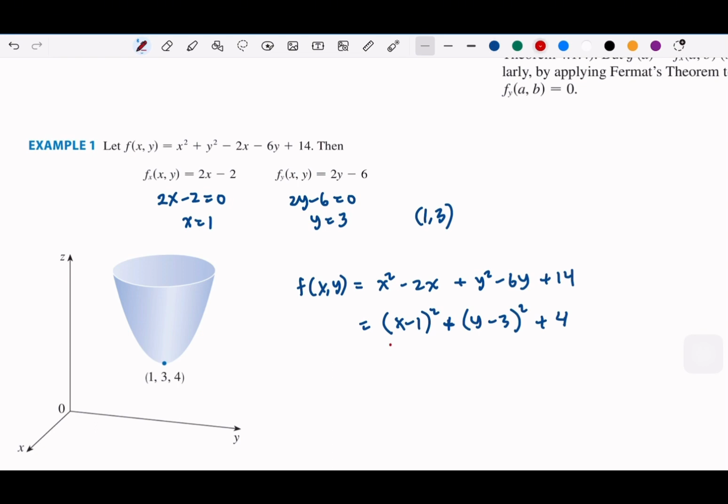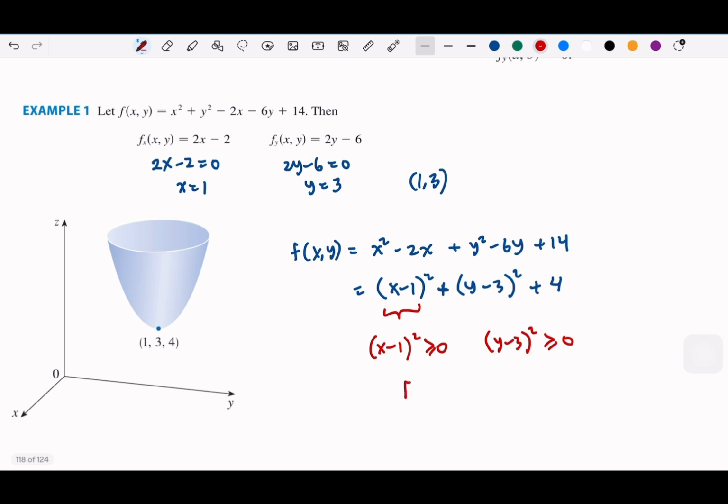And we can say the x minus 1 squared is going to be greater than or equal to 0. This is also the same. So we have f(x,y) should be greater than or equal to 4, at least. So therefore, this is a local minimum.